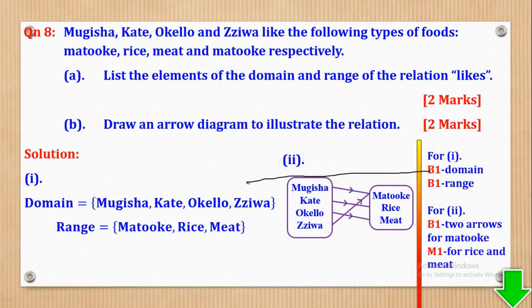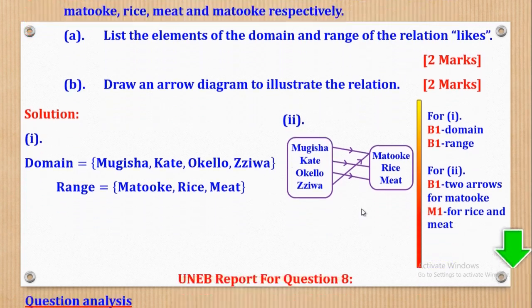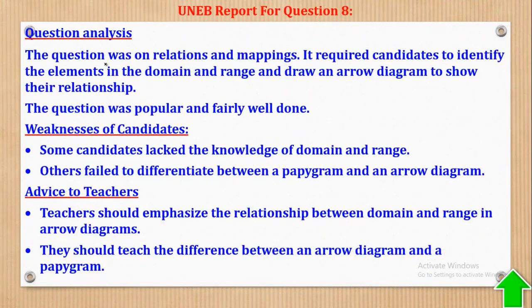So B1 for listing members in the domain and another B1 for the range. Then B1 for the two arrows on matoke, and another B1 for the arrows on rice and meat. The question was on relations and mappings, and it required the candidates to identify the elements in the domain and range and draw an arrow diagram, note that word arrow diagram, to show their relation.